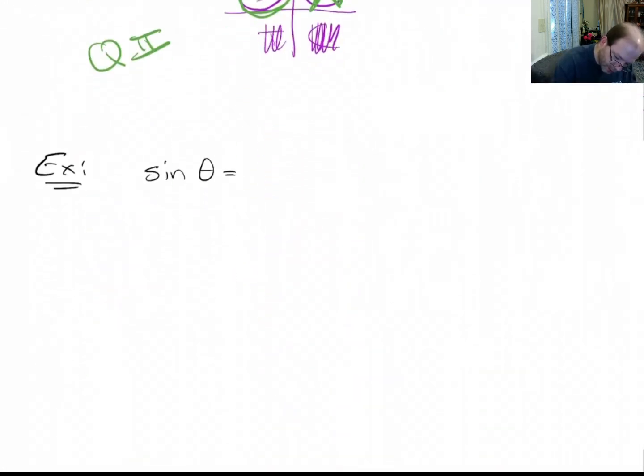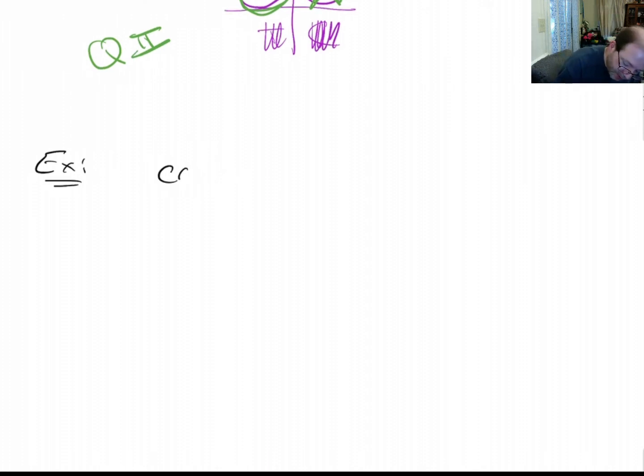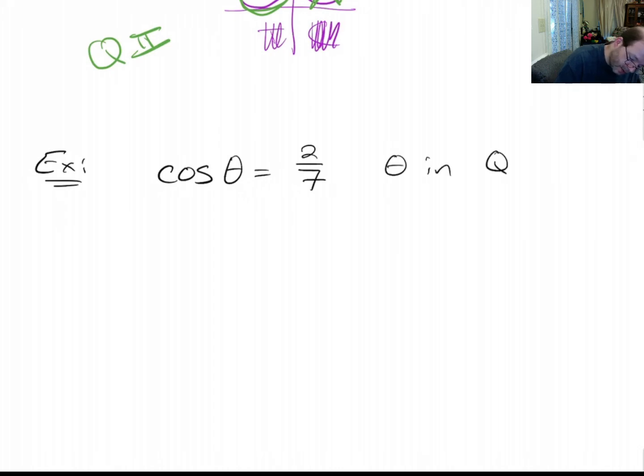Let's do one where they give us cosine. Let's say they tell you cosine of theta is 2/7, and theta is in quadrant 4. Find sine theta.